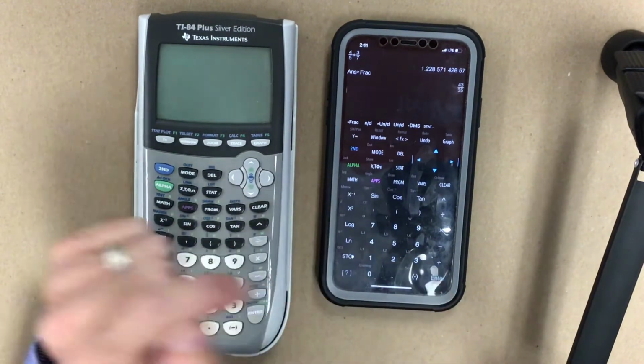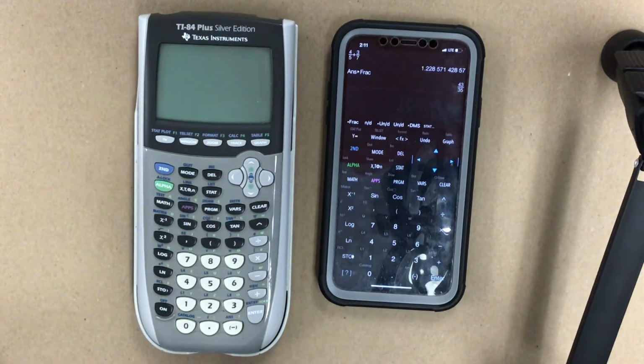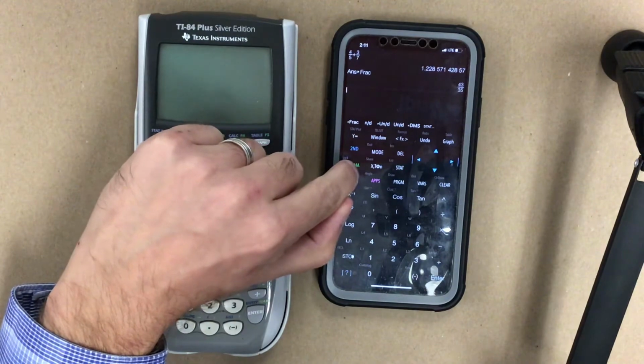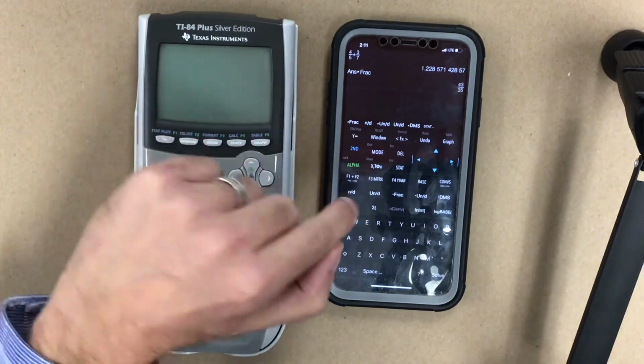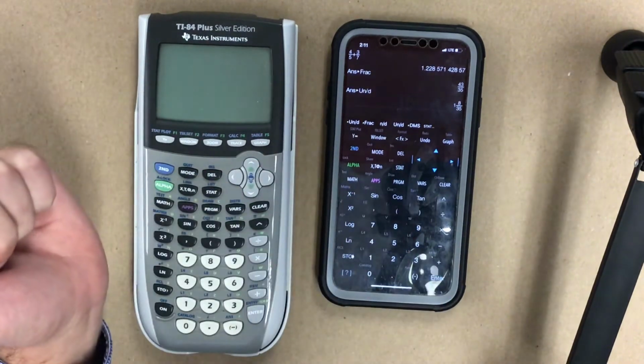So you can change that, boom, it gives you 43 over 35. Again, if a mixed number is possible, alpha, and then the arrow pointing to UN over D, it will change it as well.